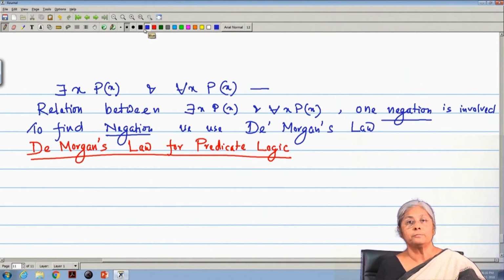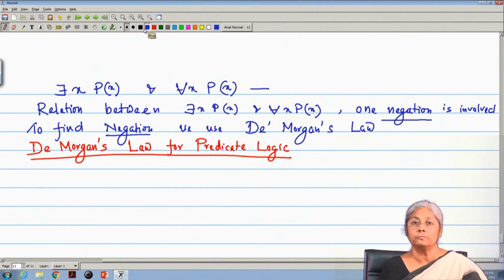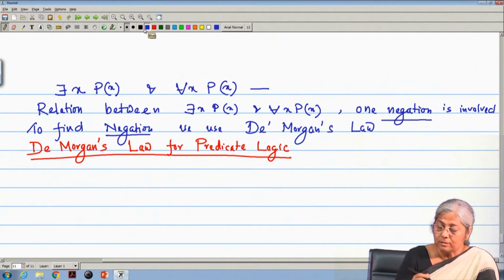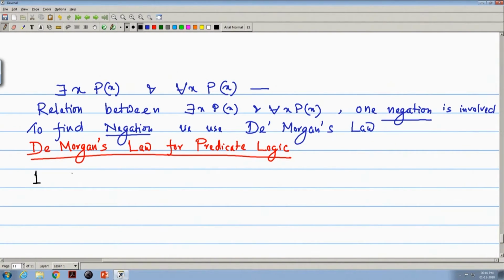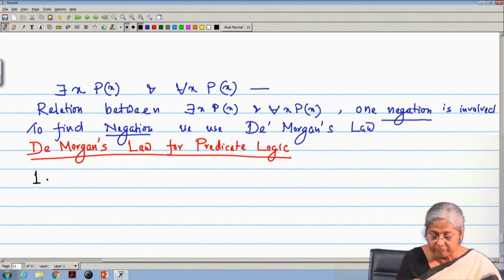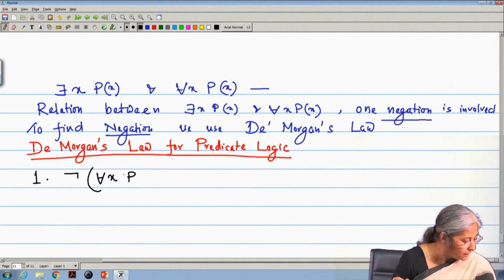Since we have two quantifiers, here we must have two pairs of statements that should be equivalent. So, we can write, that one is for the universal quantifier. How to find the negation of for all x p x?